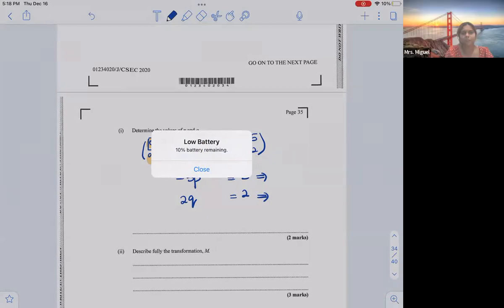What values do you all have for P and Q?